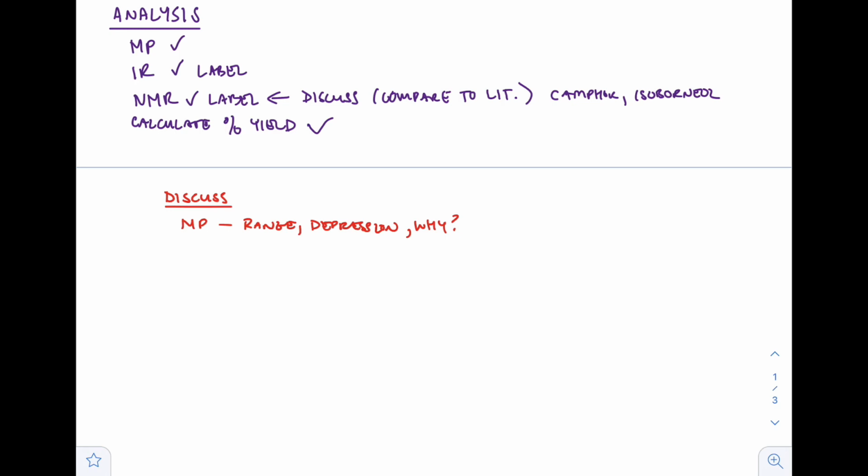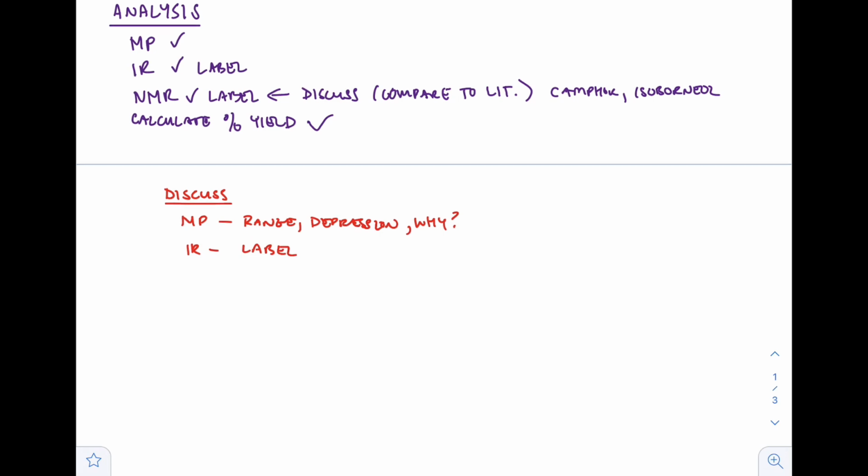Like, what are you observing? Your IR. So I want you to label the spectra that you get from me or us. So from Nancy or me. And then, so label the spectra and then compare to literature values. Okay.